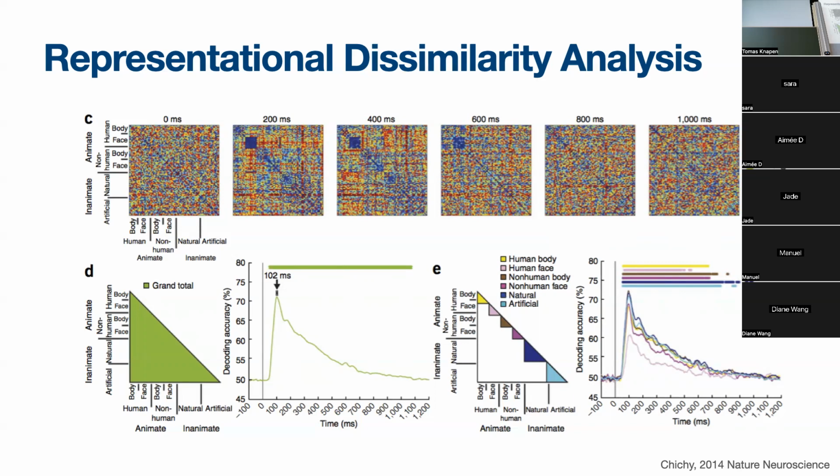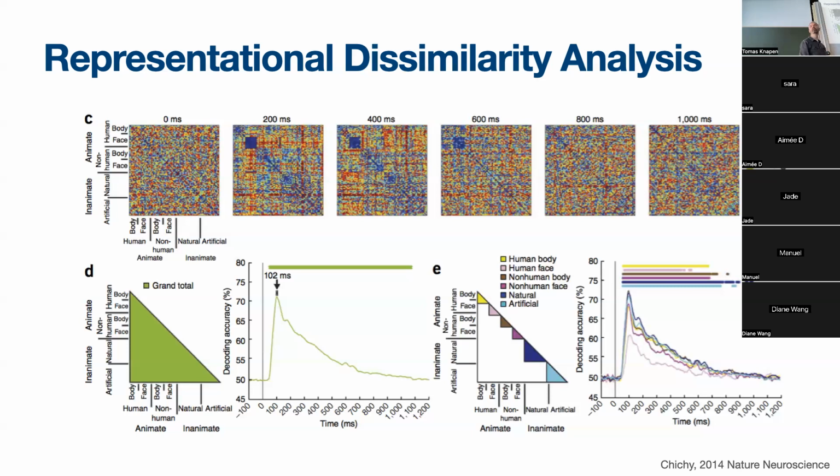And you see that certain types of information processing, such as natural versus artificial stimuli, natural takes longer, right? There's prolonged decoding accuracy over time. So here we're not looking at fMRI because we are interested in time, right? And these specific parts of the representational dissimilarity matrix tell us something about, for example, the difference between natural and artificial, that sort of thing.